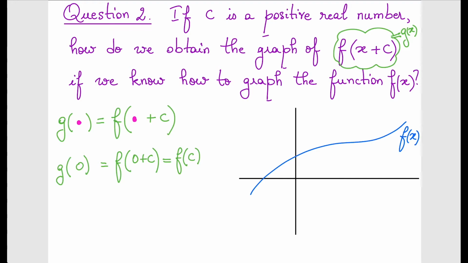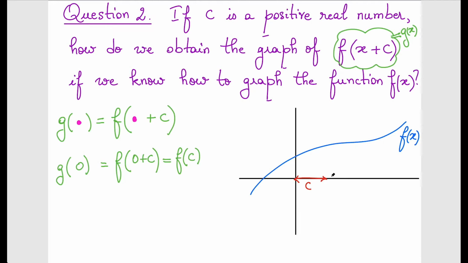Okay? Let's say this measure here is c. Let's say this is how much c is. Okay? So again, g at 0 is gonna produce what f produced at c.